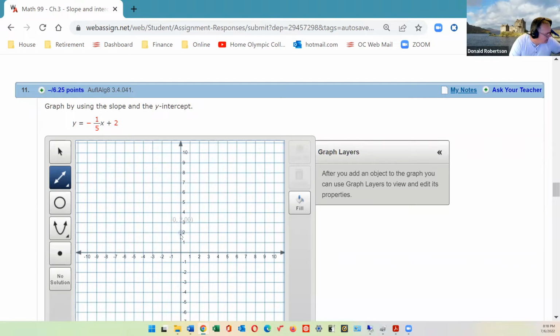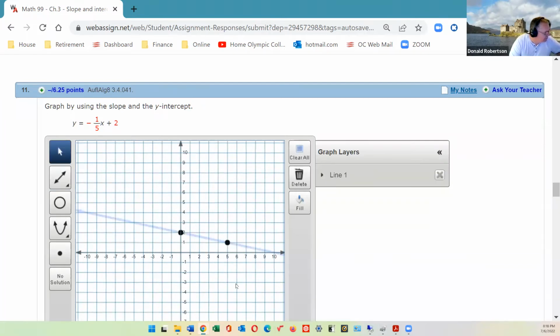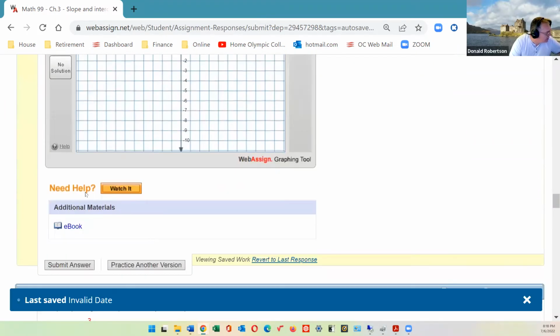So down 1, and 1, 2, 3, 4, 5. If you look at that, rise over run, you can see it's 1 by 5, but it's pointing downwards, so that's -1/5. And that goes there. And so I will do submit answer.